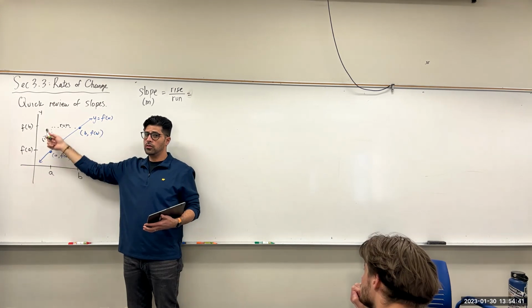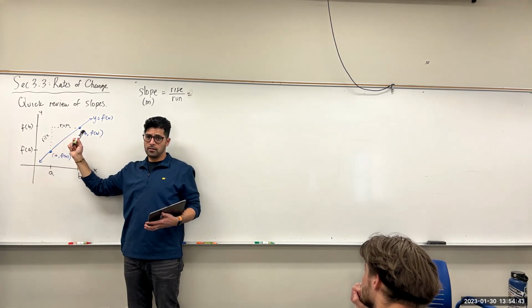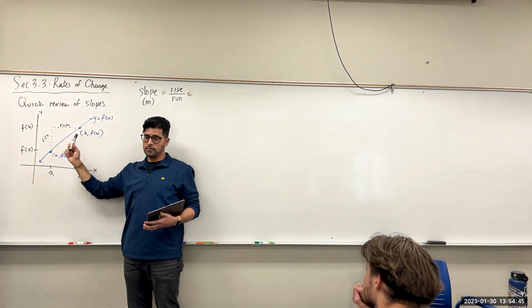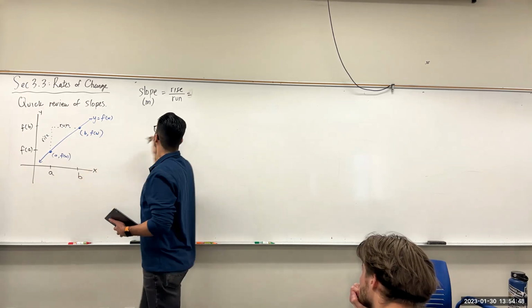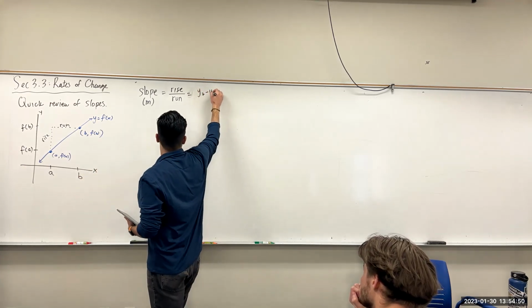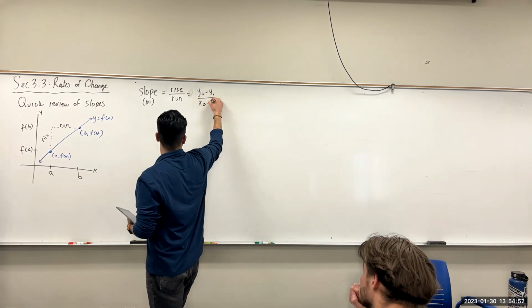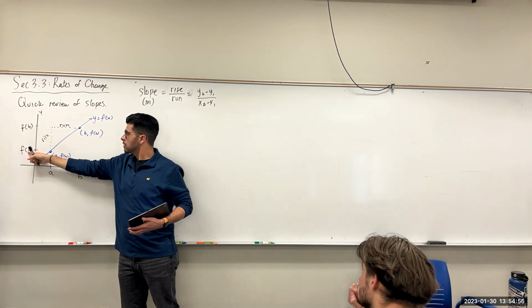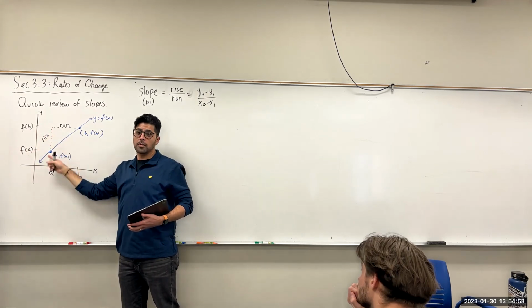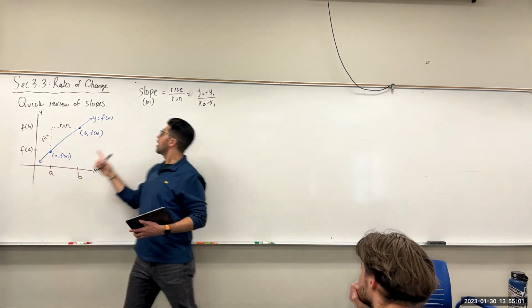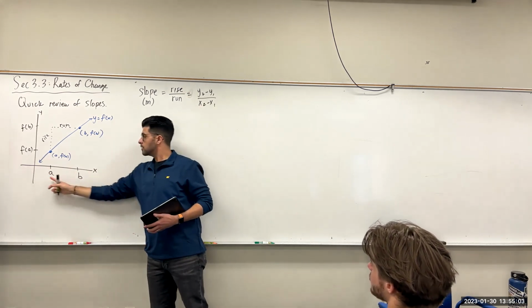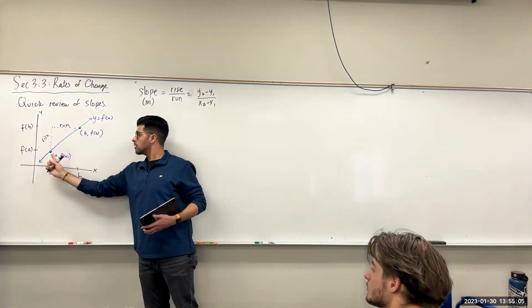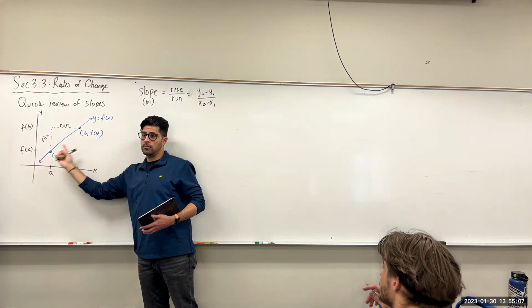What would you do to figure that out? Y2 minus y1 over x2 minus x1. Okay, yep. And why was that? Because if I subtract these two y values, that'll be the distance between those y values, which is the rise. And when you subtract the x values, that's the change from this x value to this x value.